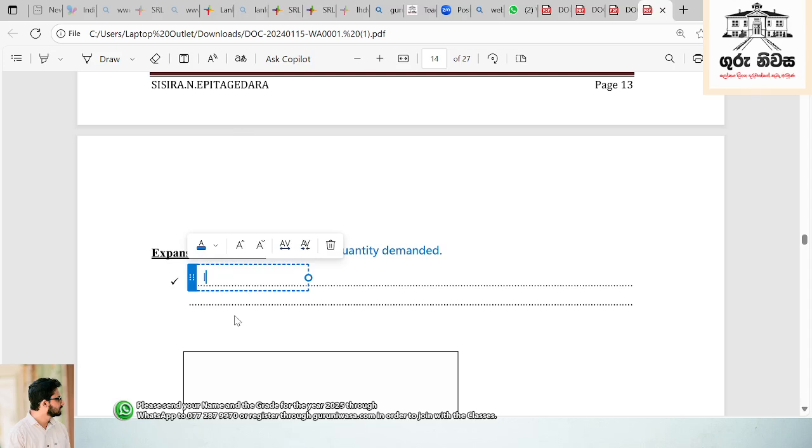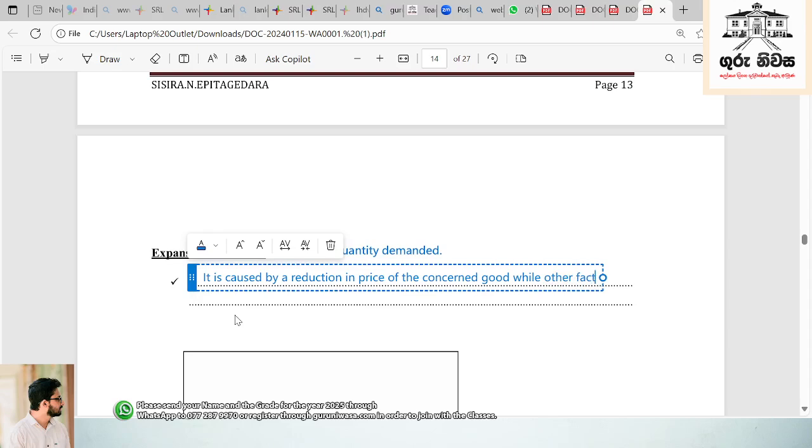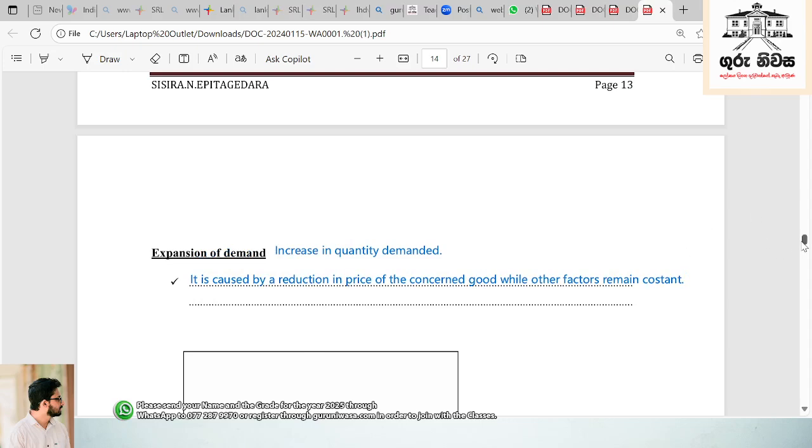Write down: it is caused by a decrease or reduction in price of the concerned good, while other factors remain constant. Then you can draw the demand curve.